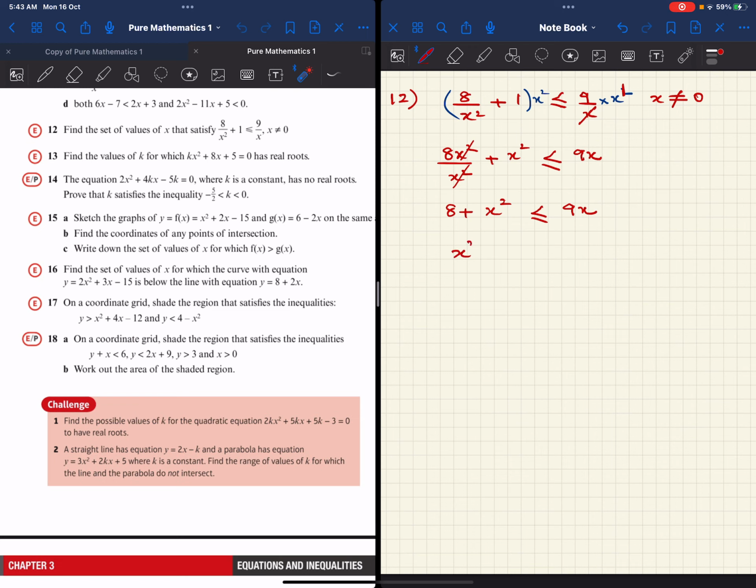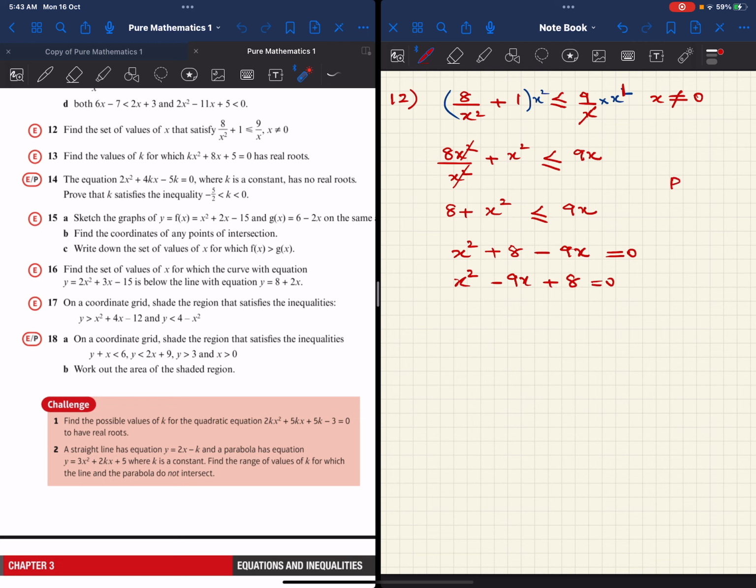Rearranging, x squared plus 8 minus 9x. In order to find critical values, we equate to 0. No, we need to rearrange before. x squared minus 9x plus 8 is equal to 0.